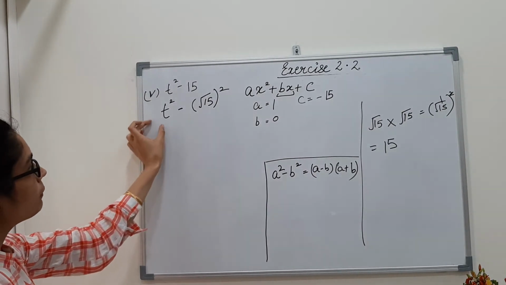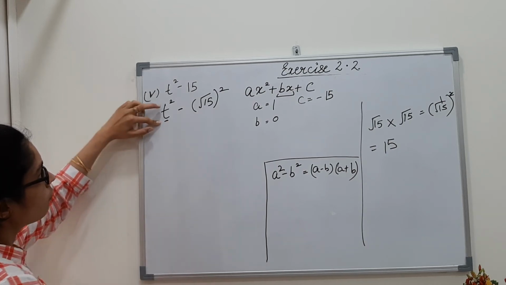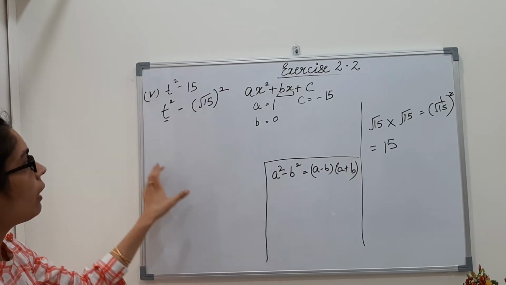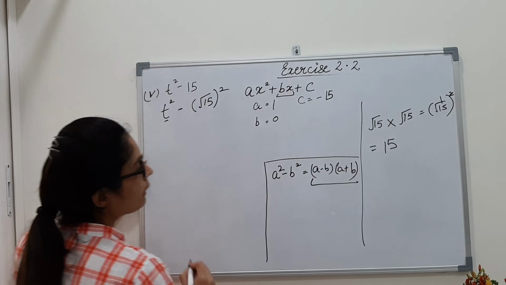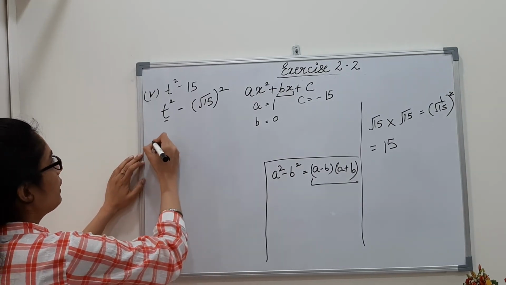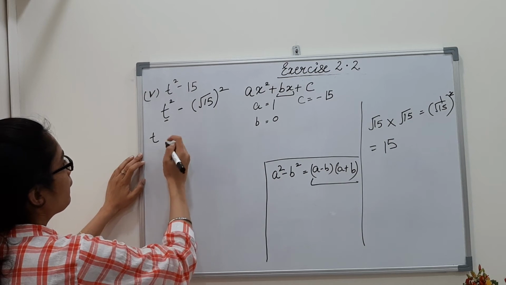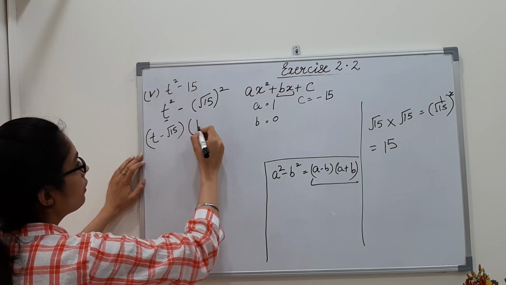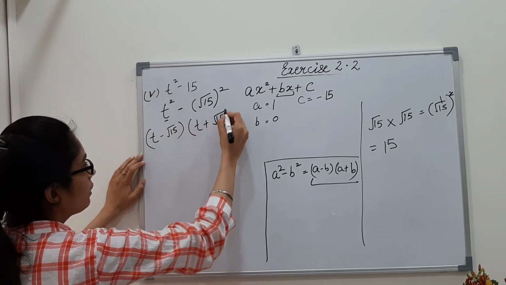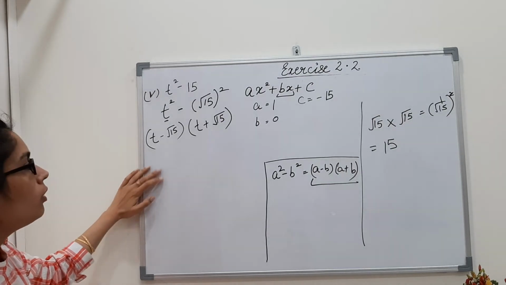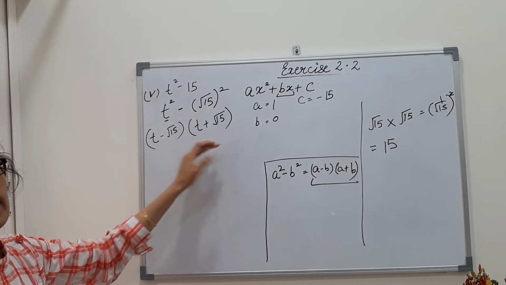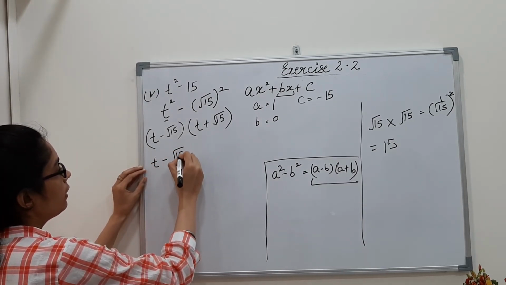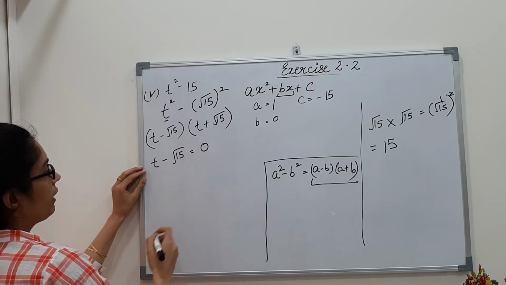So now we got the same thing. See, a square, your a will be t, minus b square, b is root 15. Now we will write it in this way, a minus b, a plus b, that is t minus root 15 and t plus root 15. In the last question also we got two factors and now again we got two factors. Now we can write it equal to 0 in order to find the zeros.